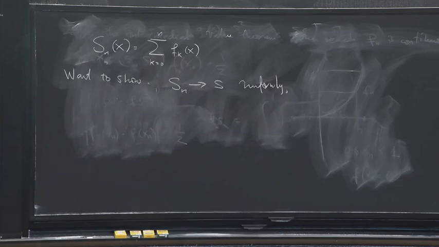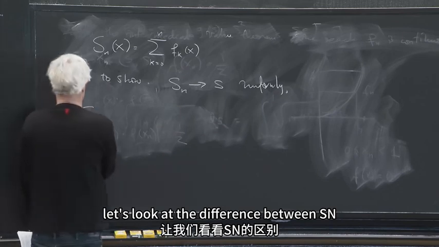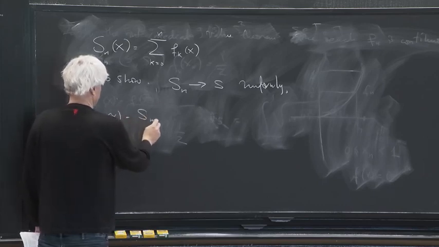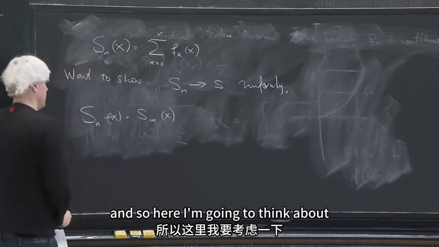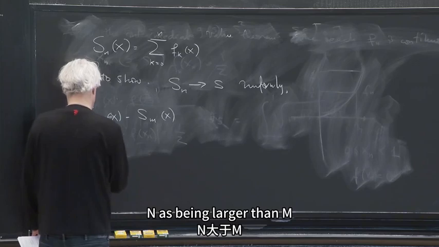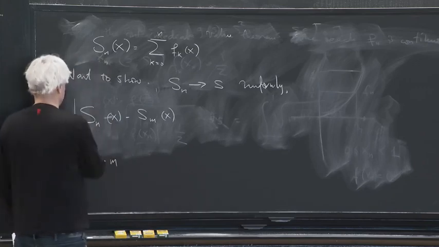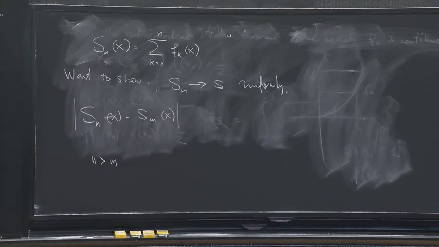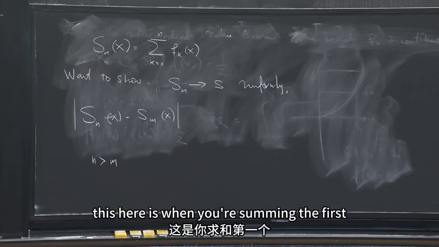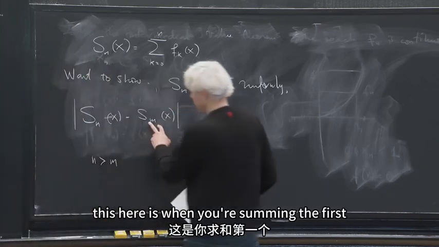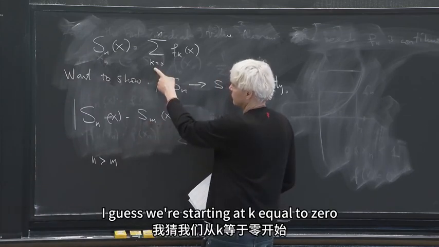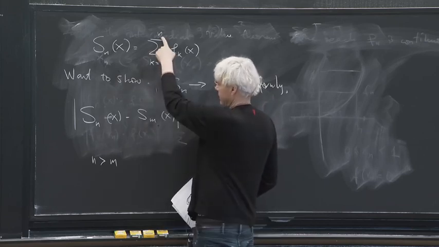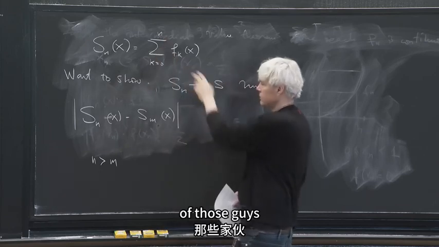Now, let's look at the difference between S_n of x and S_m of x. And so here I'm going to think about n as being larger than m. Well, this here is when you're summing the first, since we're starting at k equal to 0, the first m plus 1 of those guys.